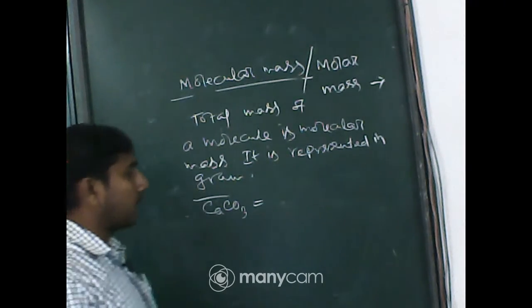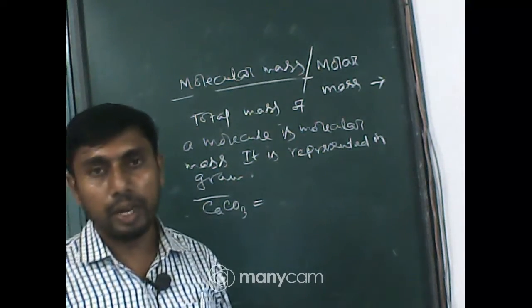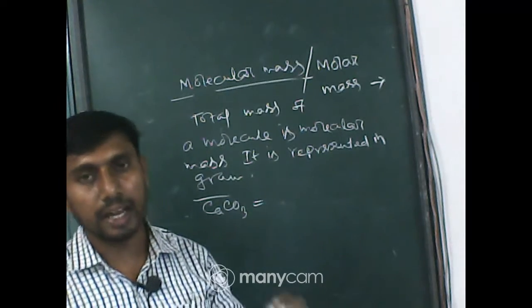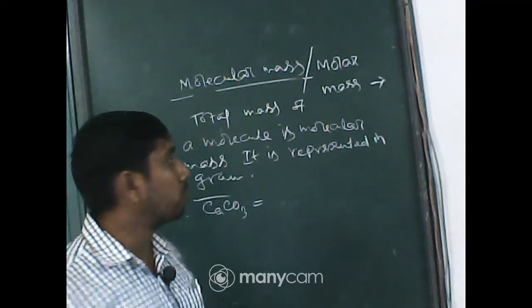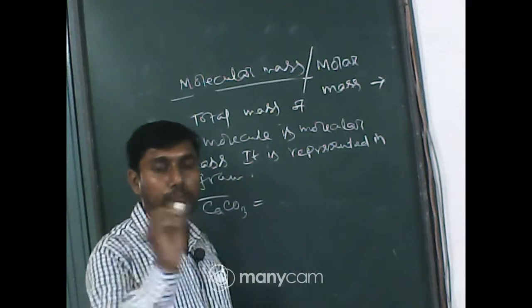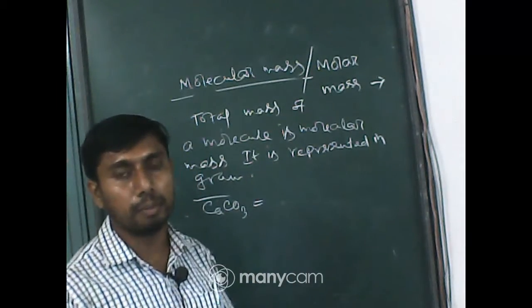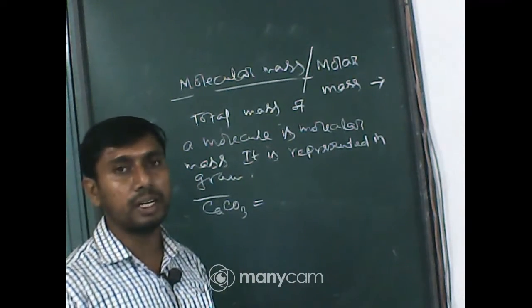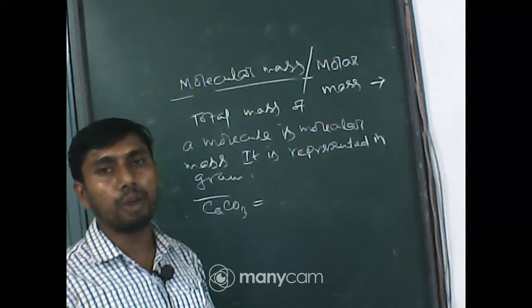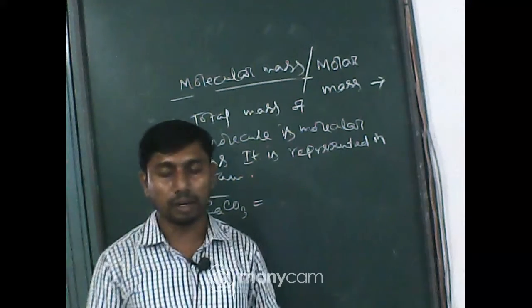Decimal number. Okay. So when we discuss the atomic mass, it is taken as the mass of one atom divided by 1/12 of a carbon-12 isotope.